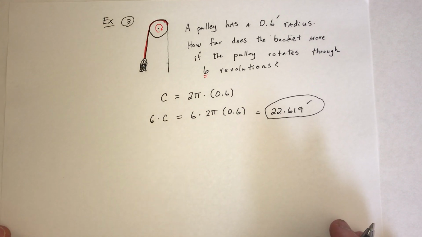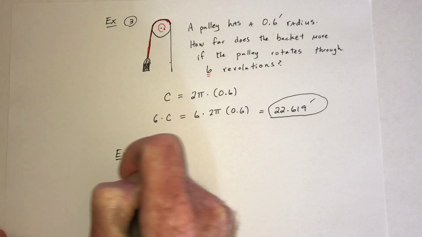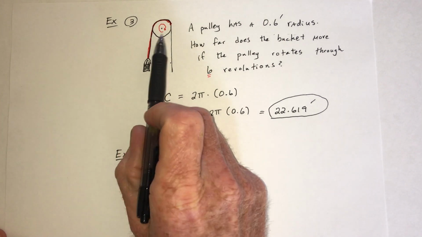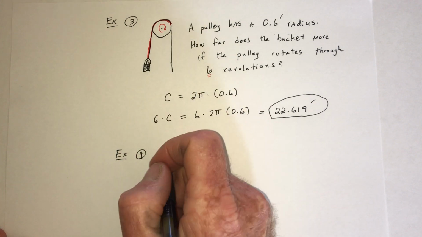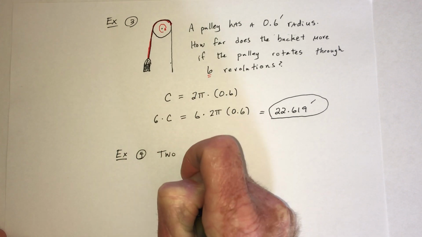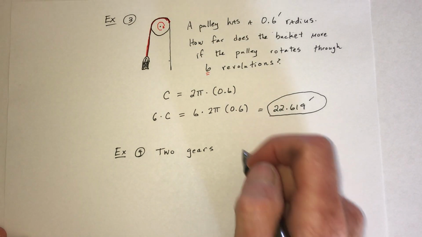Now for the last example. So instead of having 1 of these, what if you have 2 of these? So you have these 2 gears.